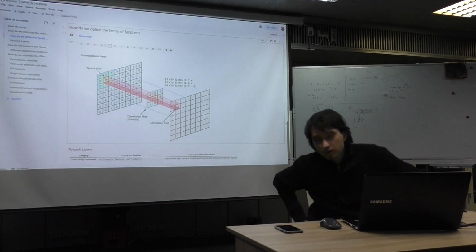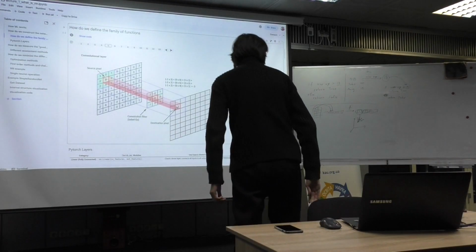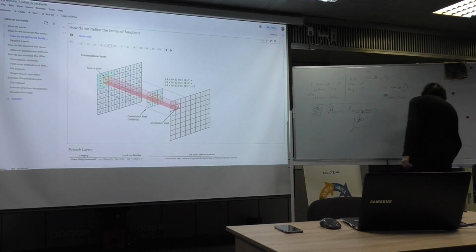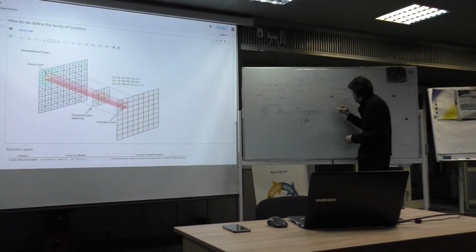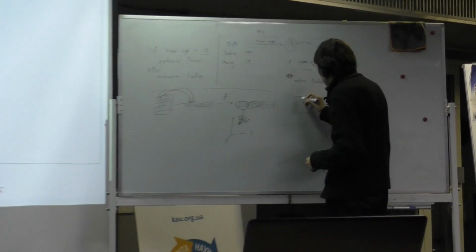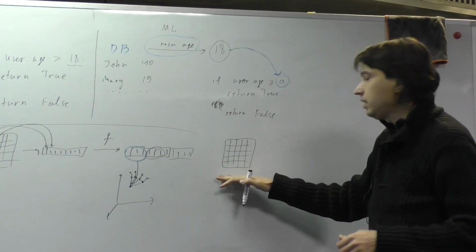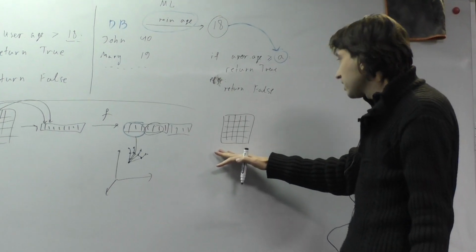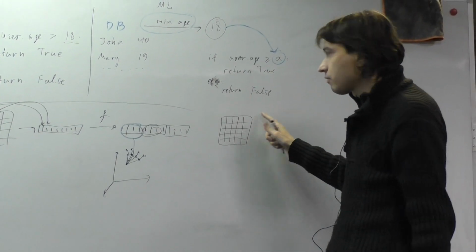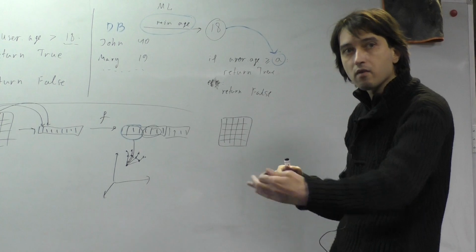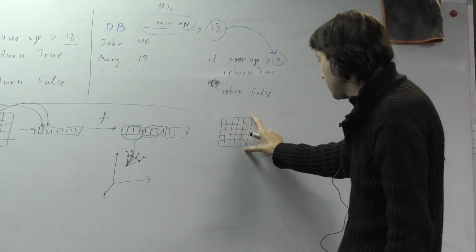So I will just briefly draw on a blackboard. I know this operation may be a little bit confusing. So here I have an input, some input image. That may be the input image you get from camera, but that may be a result of processing in the previous layers of the neural network. So that's what we have.